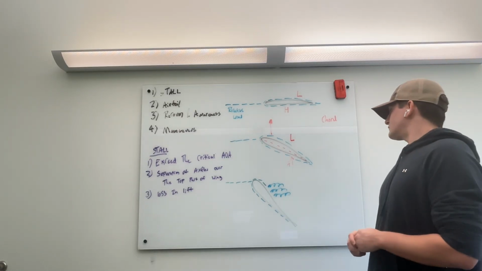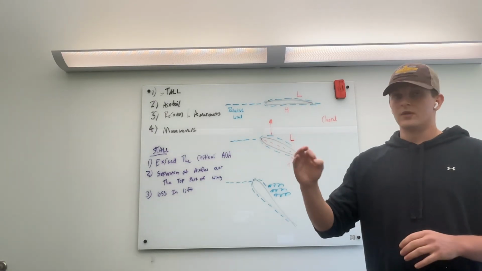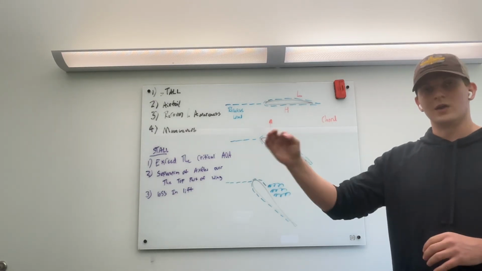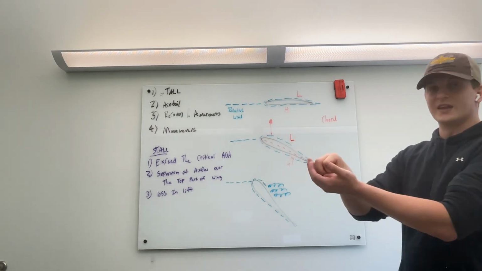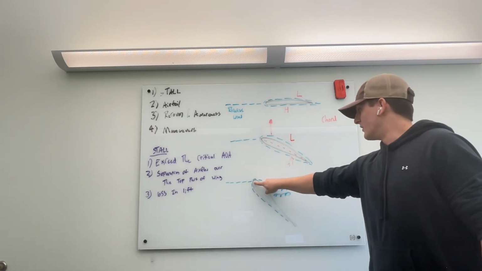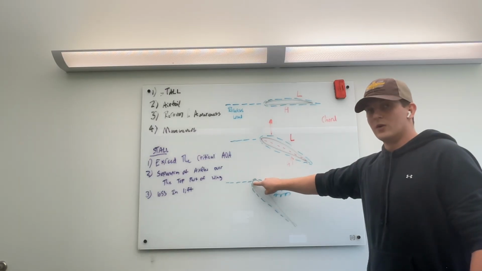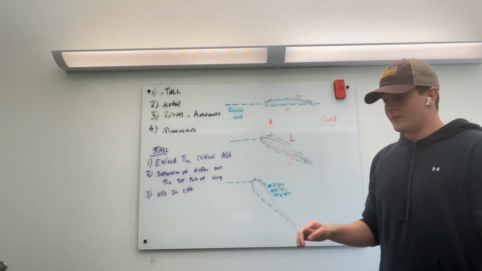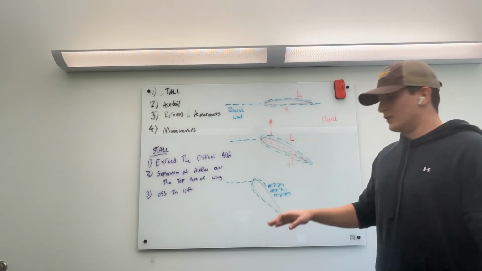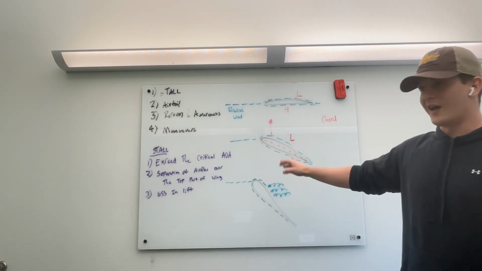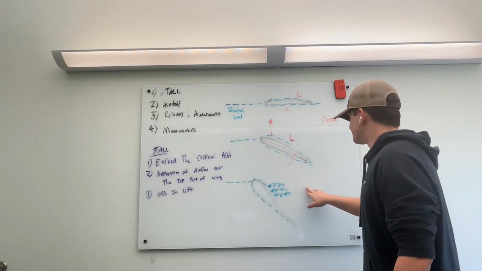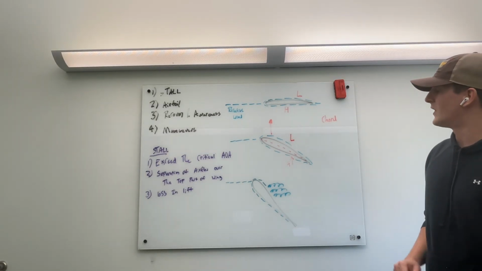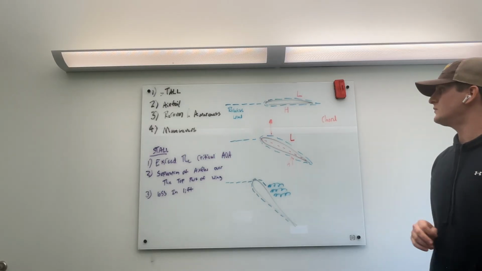It's literally just a thing on the edge of the wing with a low suction inside of it that will trigger whenever the stall actually happens, or it's going to be a little stall tab. Depending on what airplane you fly, we can go look at it later, and I can teach you all about it whenever we go look at the plane. So that's how to become aware of it.